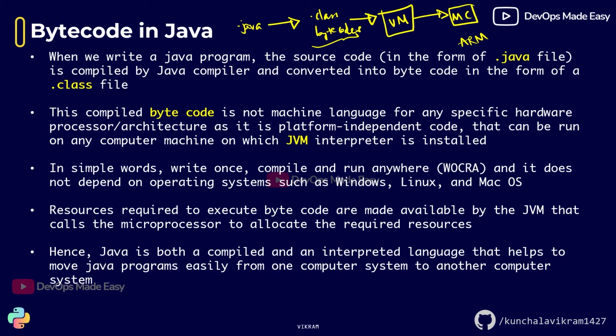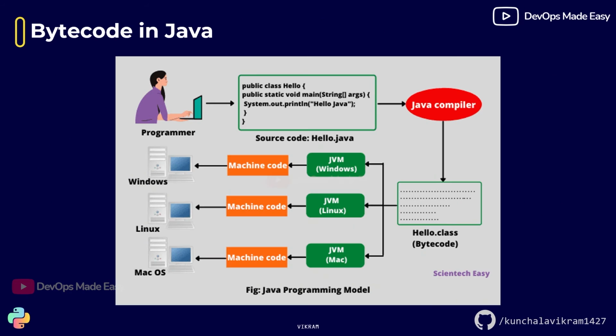So the JVM knows how to take your bytecode and convert it into machine code that can be understood by your CPU. Hence, Java is both a compiled and interpreted language, which helps Java programs move more easily from one system to another, because Java programs usually written on one operating system can be easily ported to other operating systems as well.